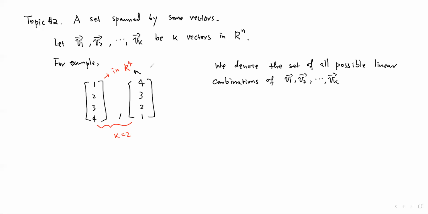There are infinitely many linear combinations of these k vectors. Put all the linear combinations together, then we have a set.